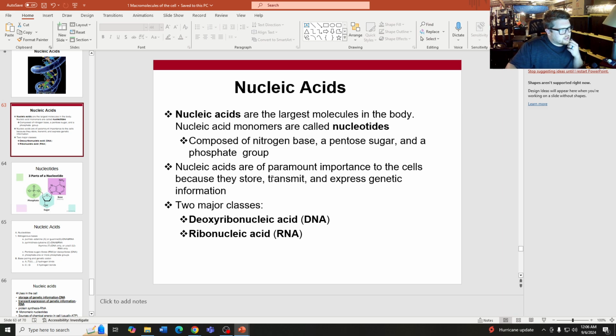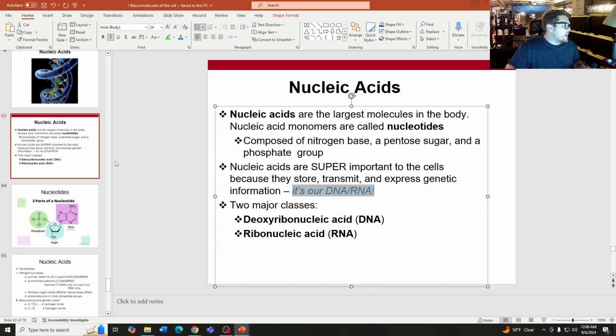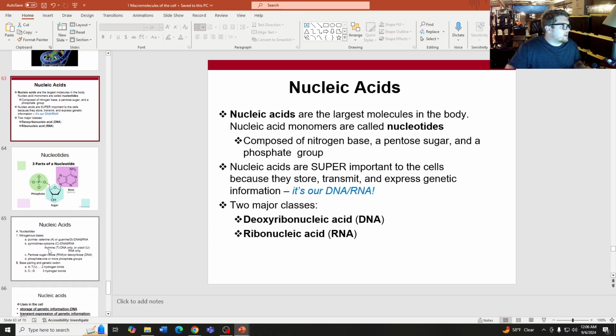The nucleic acids are of paramount importance. They're super important, because it's our DNA to the cells, because they store, transmit, and express genetic information. It's our DNA/RNA. The two major classes are the DNA, the deoxyribonucleic acid, and the ribonucleic acid.